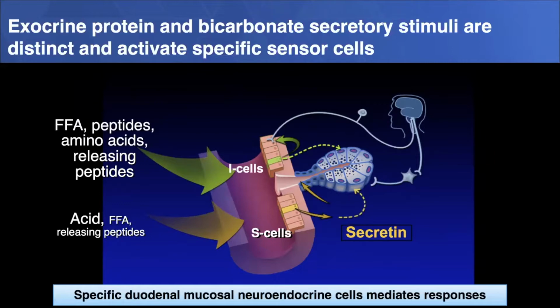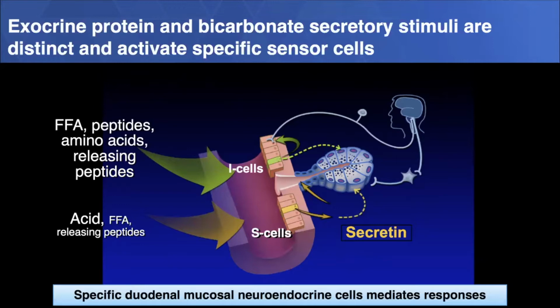The major stimulants for the secretion of the enzymes are free fatty acids and specific peptides and amino acids, and they stimulate a population called I cells, and these work primarily through a neural pathway to stimulate the pancreas, possibly with some local direct stimulation.